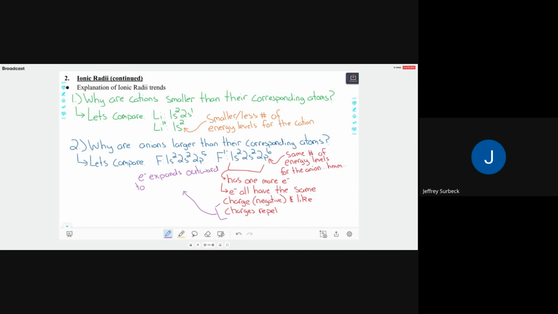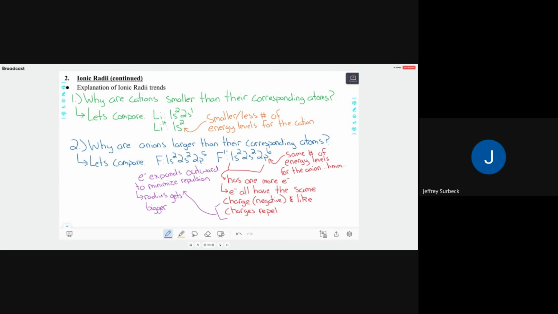As a result, the ion's radius gets bigger. So we add an electron, we add more negative charge, we have to reduce the repulsion, so the ion is going to expand outward.